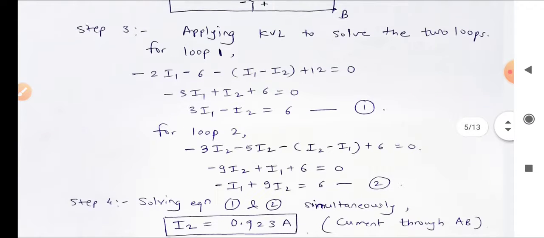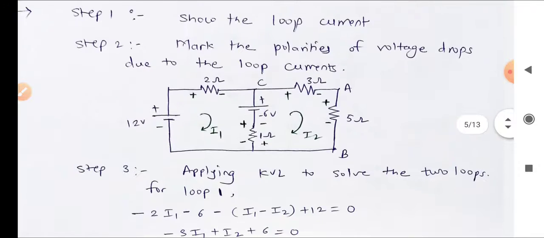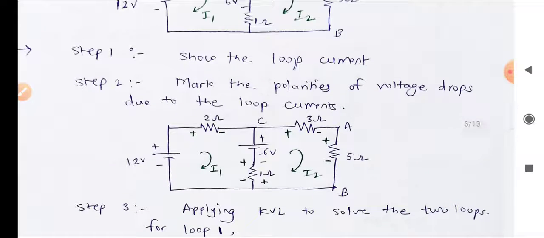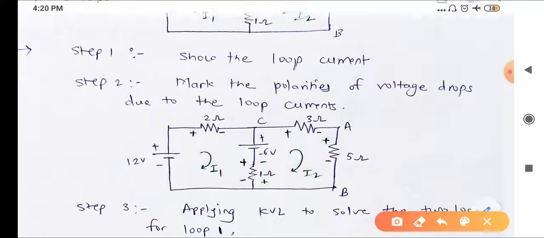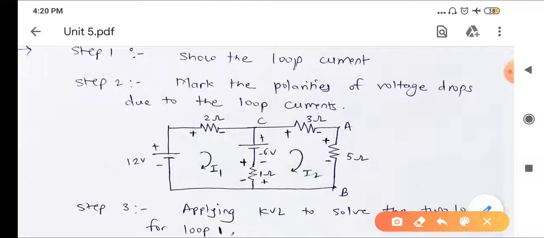Now we are going to write the equation for loop 2. Loop 2 is CAB, where C is the common node. In this case, we write the equation using the main current I2, the loop current.